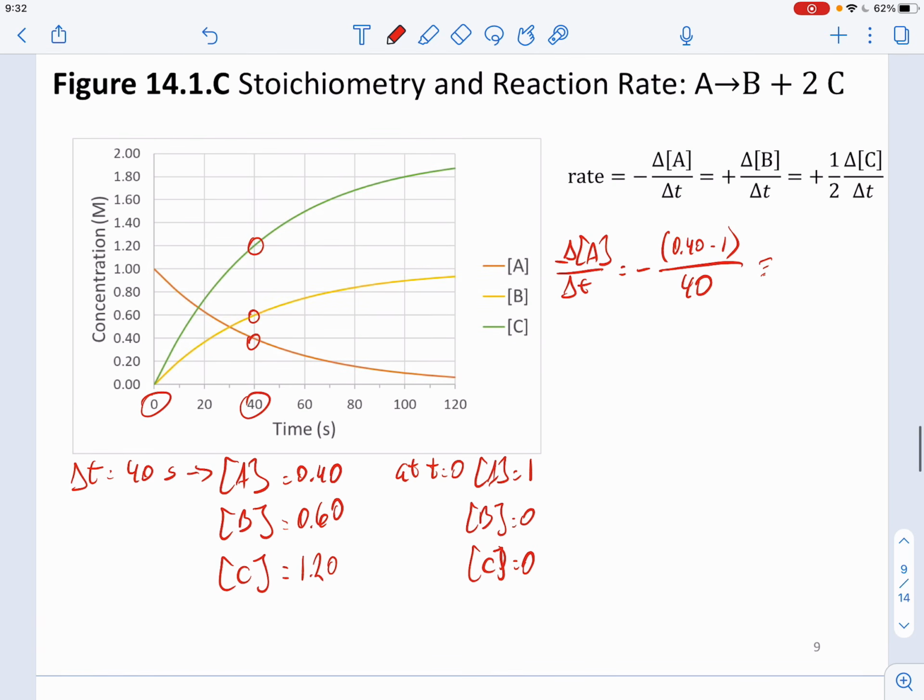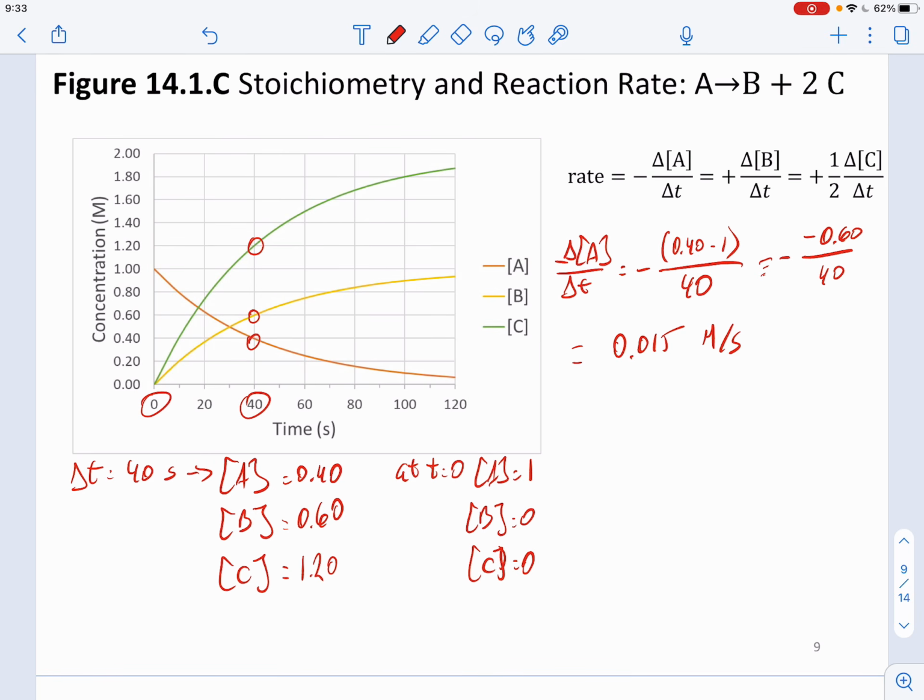This is minus (minus 0.60) over 40, and this is going to be equal to 0.015 molar per second.